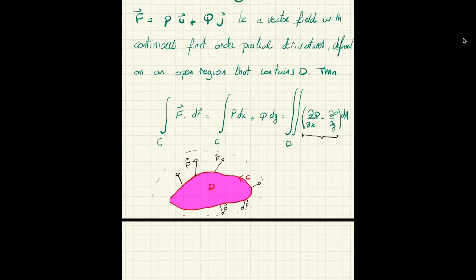So this is Green's theorem. And you'll see it's very convenient sometimes because sometimes either this side or this side is hard to do, so you use the other side.